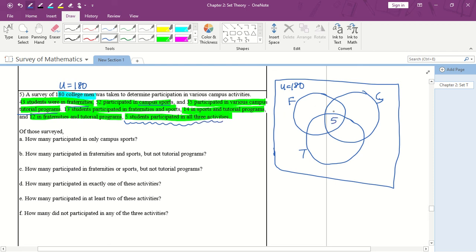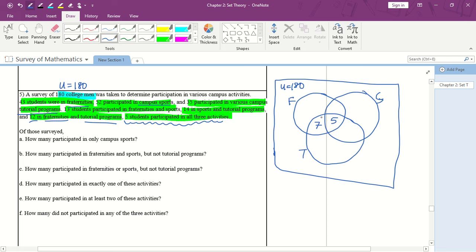And the next one, 12 in the fraternities and tutorial program. F and tutorial program, which is this region. It says 12, and I have 5 here, so the leftover 7 will be here.